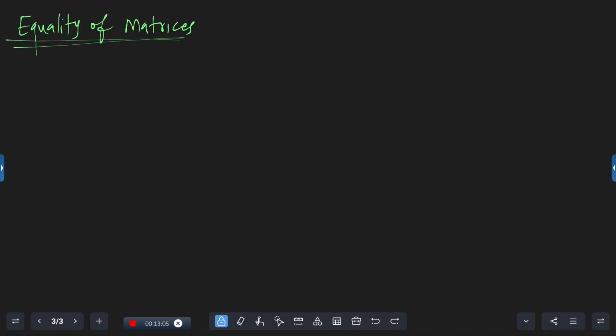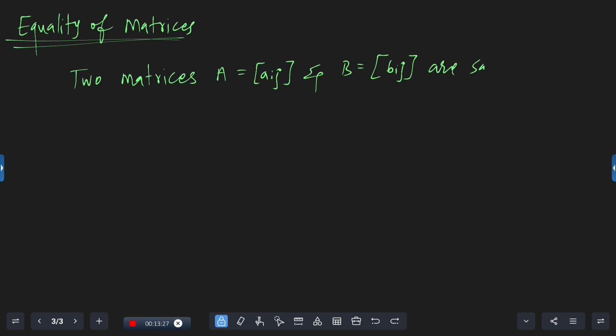That is the definition. Two matrices are said to be equal.